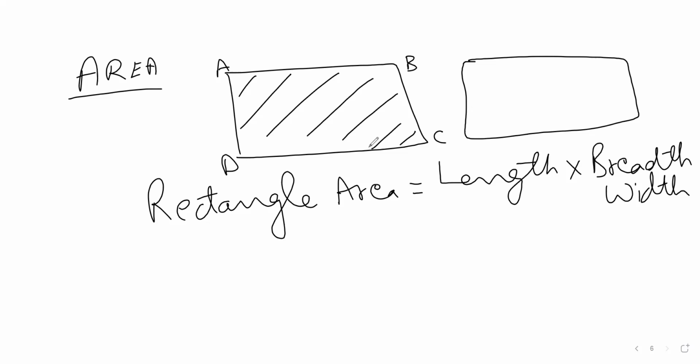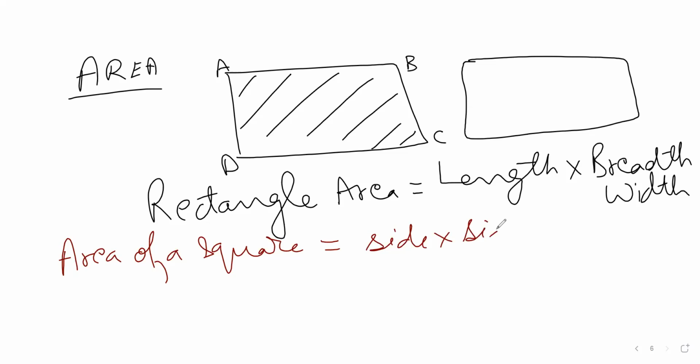So area is equal to, in a square all sides are same, so we can write side into side. Okay, and because it is side into side, it is side square. Understood? So area of a flat surface like a square is nothing but side square.